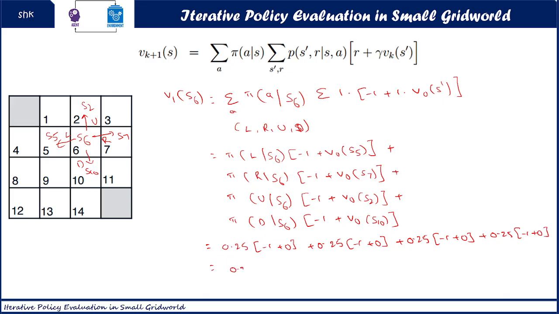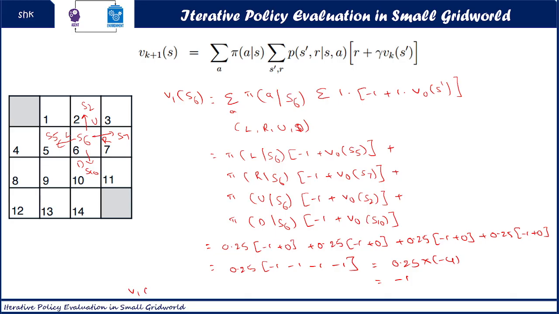Here we take 0.25 as common. So left out is -1 plus 0, which is -1. Next also -1, -1, -1, which is going to give us 0.25 into -4, which equals -1.